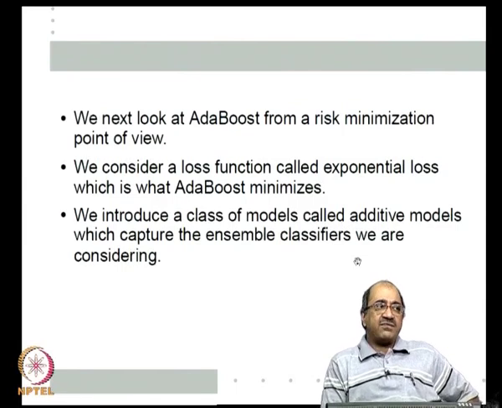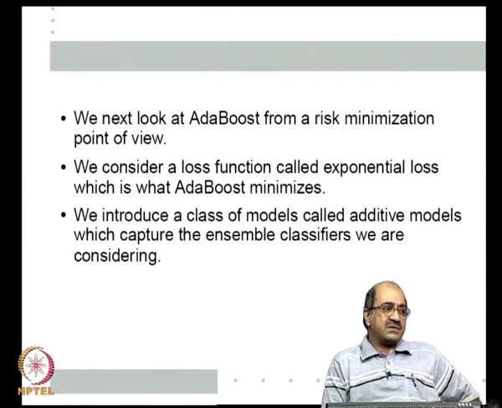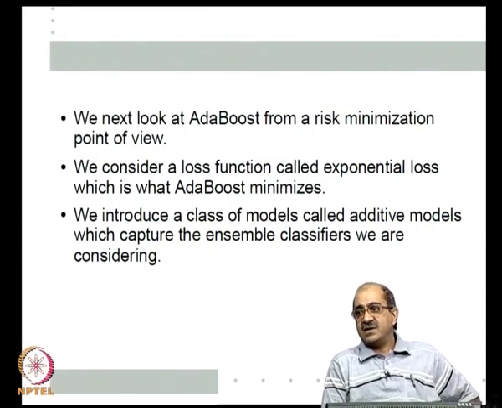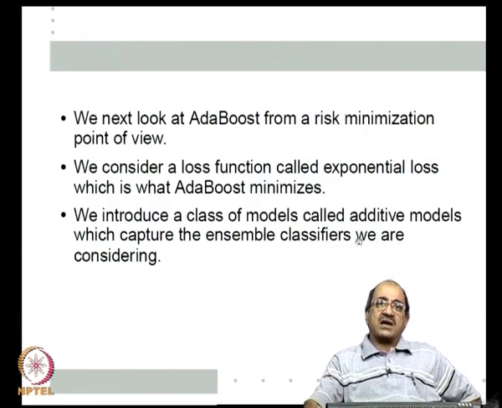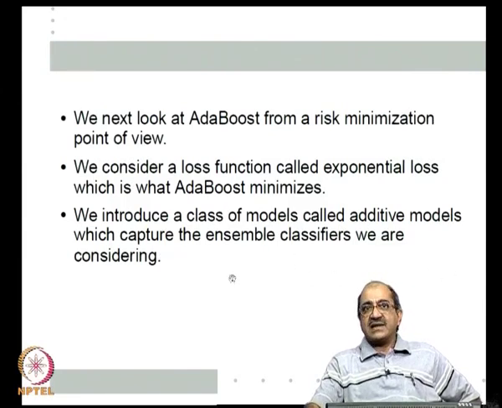and the set of classifiers, or the hypothesis space over which this algorithm searches, is not individual classifiers but ensemble classifiers. So, we have to introduce a proper model class for this. We will introduce a class of models called additive models, which exactly capture the ensemble classifiers.